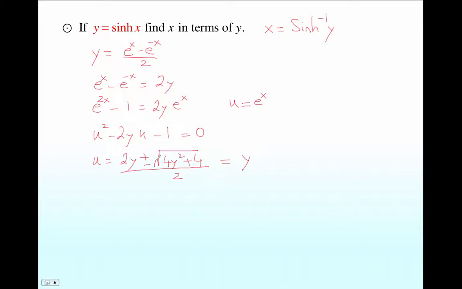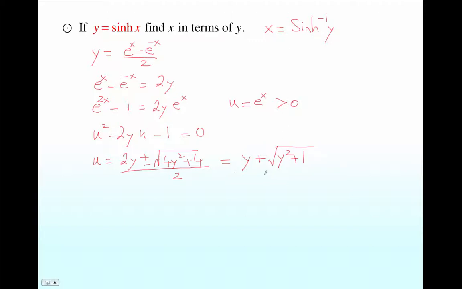I have y plus or minus the square root of y squared plus 1 over here. And let me tell you why I am not going to take the other sign. That's because u is e to the x, and e to the x is always positive.